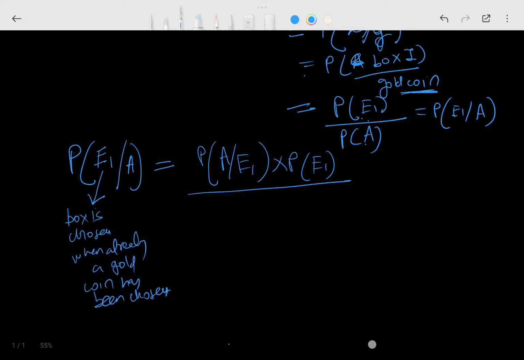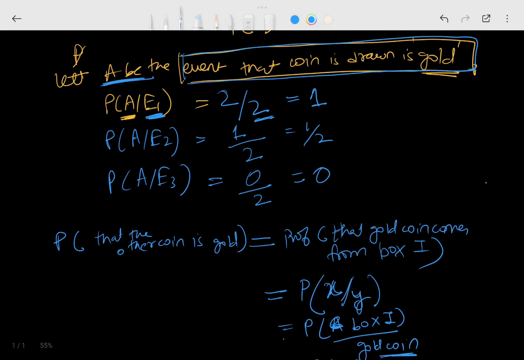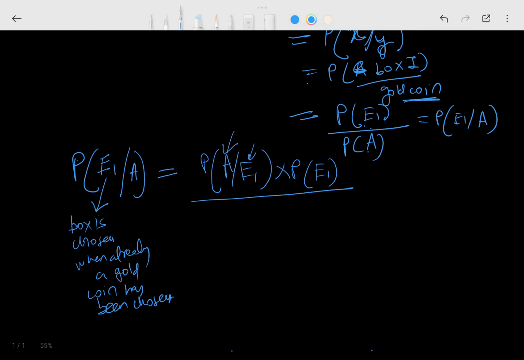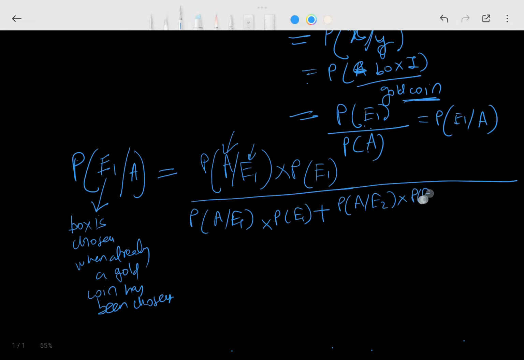It is equal to the probability that a gold coin was chosen from the first bag, which we already established is 2 by 2, 1. If the first gold coin has been picked from the first bag, the probability is 1, right? Multiplied by the probability of selecting the first bag, that is 1 by 3. Opening a drawer, the chance of opening any drawer is 1 by 3. Divided by the total possibilities, which is P(A|E1) into P(E1) plus P(A|E2) into P(E2) plus P(A|E3) into P(E3).